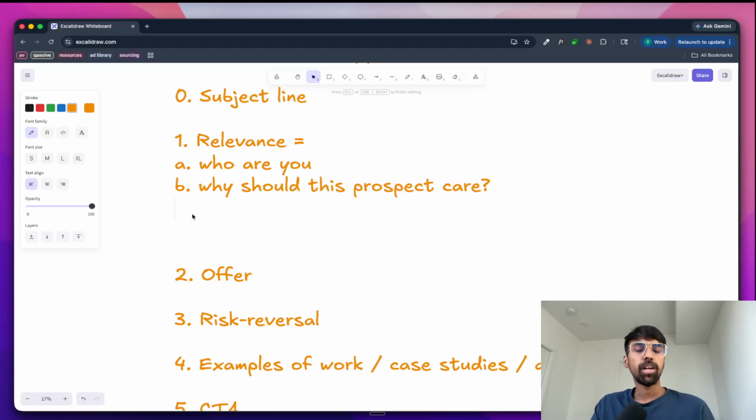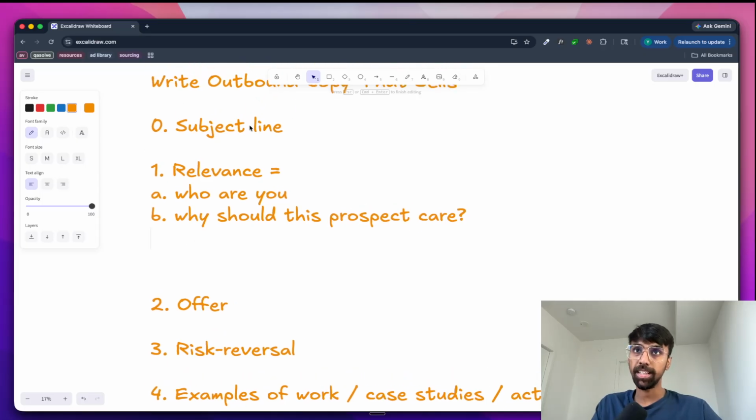Most of the emails that actually get deleted or archived, or worse, marked as spam, the problem with that is either the subject line is bad or the relevance part is bad. This is the first thing that you need to make sure is dialed in, because if people are completely turned off by your first one or two lines of the email, they're not going to read the entire thing, and they're definitely not going to read the CTA or reply to your email.